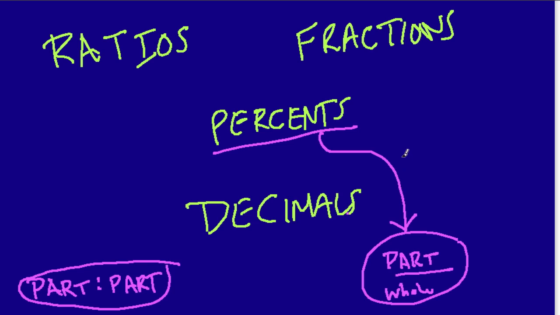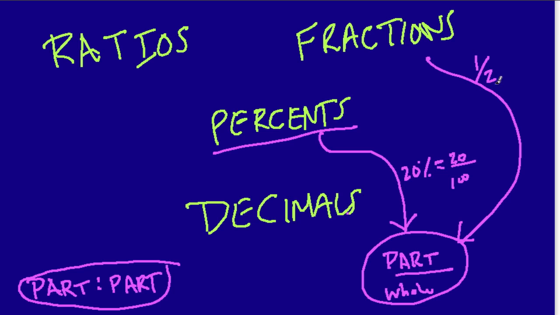For example, 20%. What does that mean? Well, it's 20 parts out of 100, the total. Fractions are typically introduced as part-to-whole as well. For example, if someone says you have 1/2, what that means is you have 1 out of 2. And we'll put some context to that. Ratios, however, typically are part-to-part, although not always.